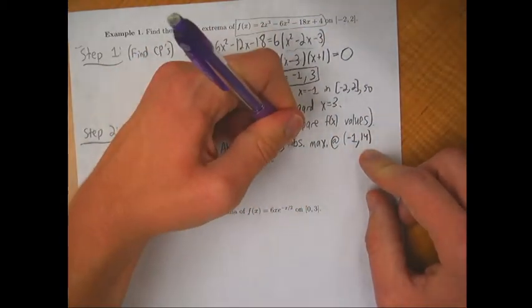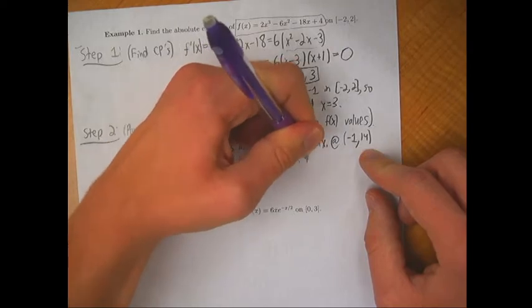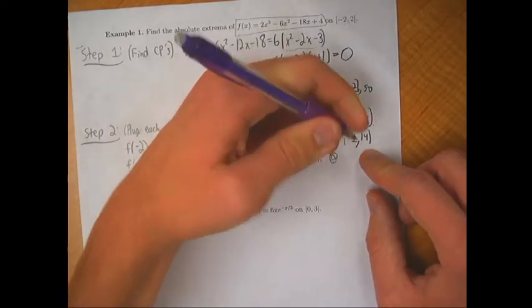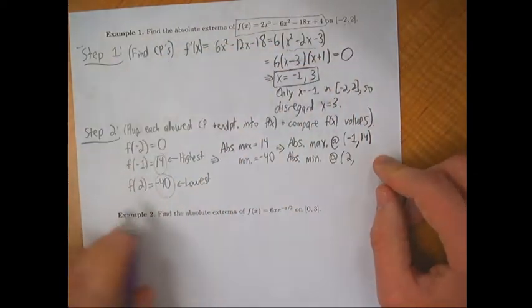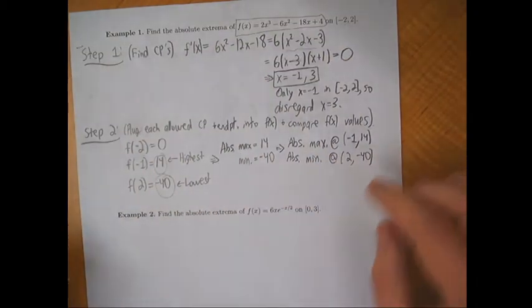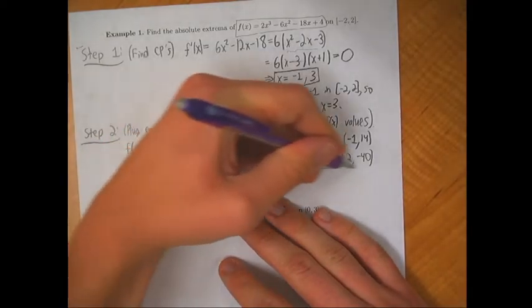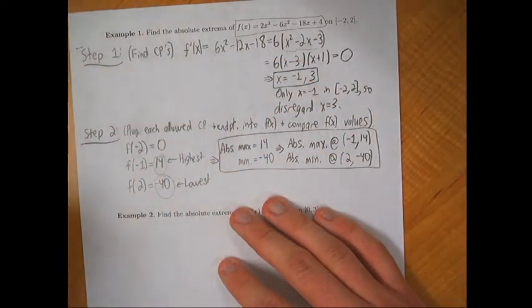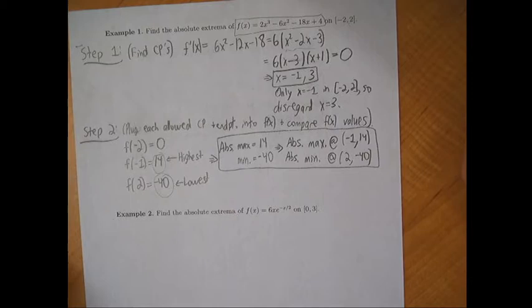And then we have an absolute minimum at 2, comma, the function value, -40. Okay? Okay, so that's example 1. So, any questions on that?